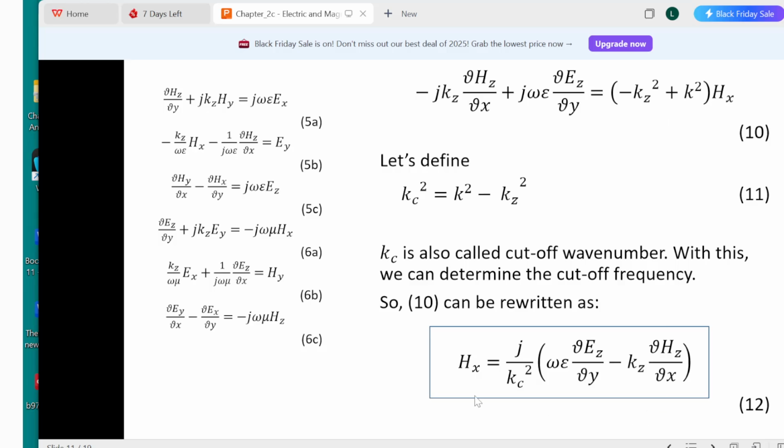As you do that, we will come up with a very clean equation. And this will be one of the equations to express the transverse magnetic field in terms of the longitudinal component. Longitudinal in the sense that they are in the direction of z.